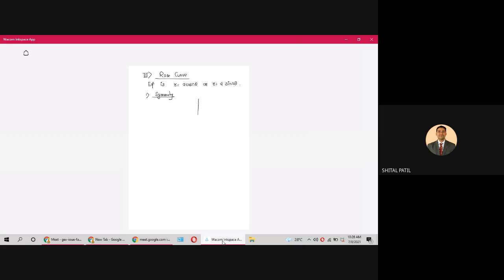For the first curve, R equal to A cos n theta, theta replaced by minus theta, what will happen? R equal to A cos of minus n theta, but cos of minus theta is cos theta only, no change. Whereas here, if we replace theta by minus theta, R equal to A sine of minus n theta will be minus A sine n theta.